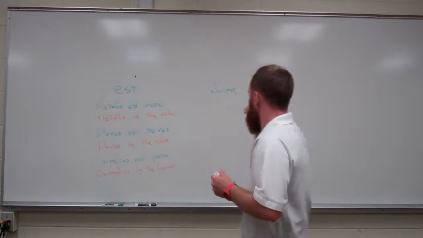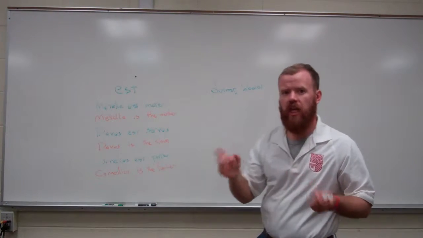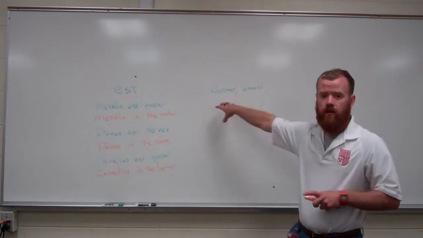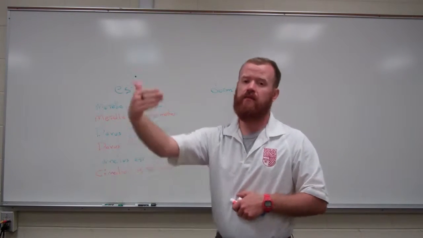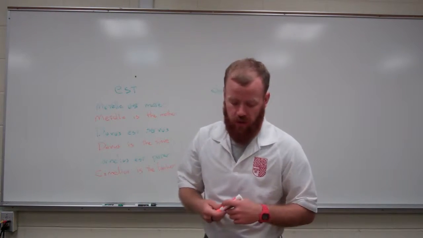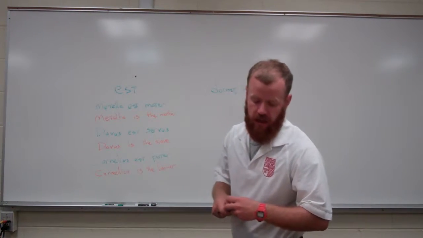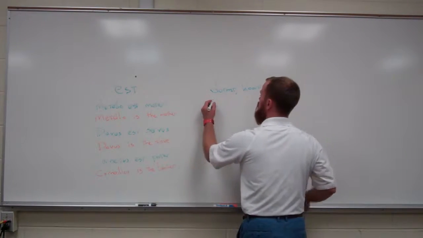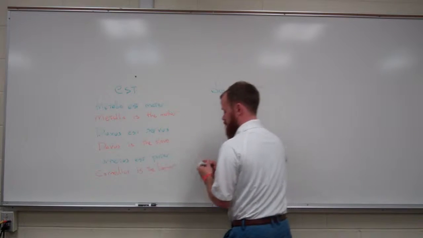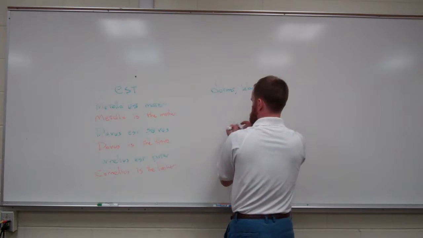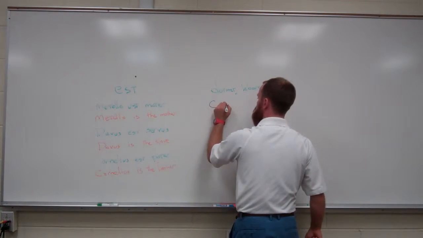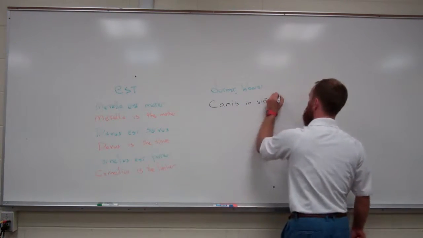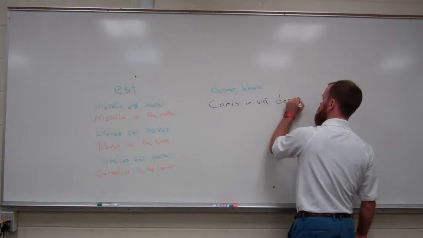Alright, when you have these action verbs though, it changes a little. Typically these verbs like to be at the end of a Latin sentence. So, for example, canis in via dormit.